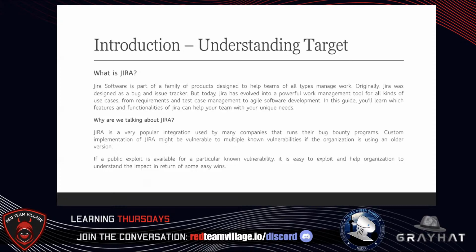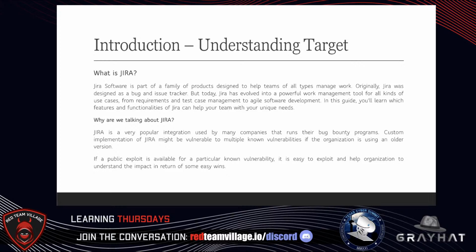Now, first of all, let's talk about what JIRA is, because understanding our target is really important. Before you go ahead and exploit anything, it's really essential to understand their functionalities and what you are trying to exploit. Okay, so what is JIRA? JIRA is basically a third-party software developed by Atlassian, which helps teams and organizations to manage their overall process.